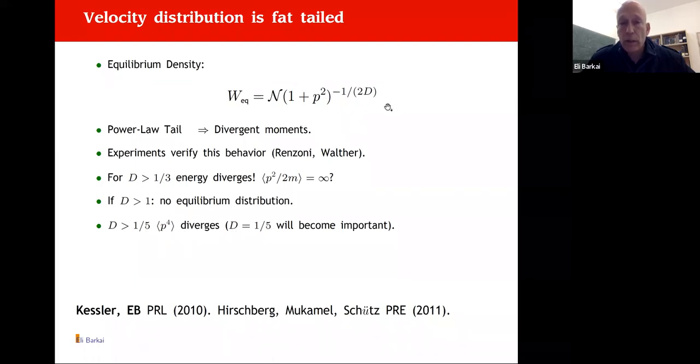So what we see from this very simple equation of the steady state is that there are special values of d, 1/3, 1, 1/5, where, from the point of view of moments of the equilibrium distribution, something strange happens: things start to diverge.